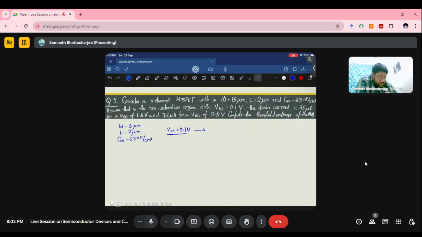When VGS is 1.5 volt, the drain current IDS is 35 microamperes. When VGS is 2.5 volt, the value of IDS is 75 microamperes. So it's a very easy solution.